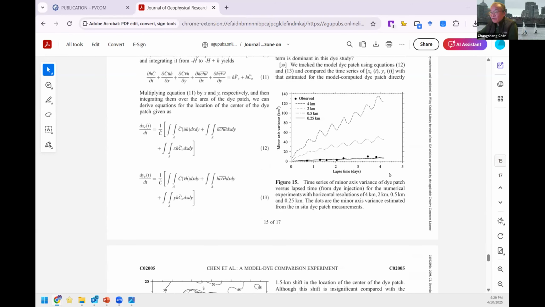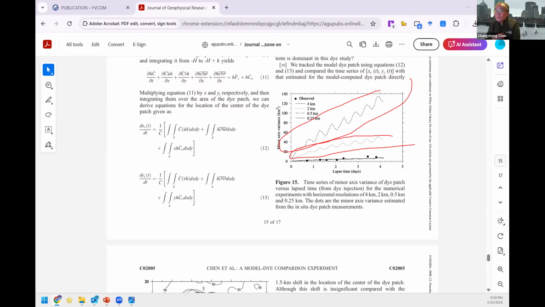You see, a lot of people cite this picture. If you use a 2-kilometer resolution model, that's the diffusion coefficient you got. When you reduce it to 500 meters, you see those dot points of observation, you get a really good match.